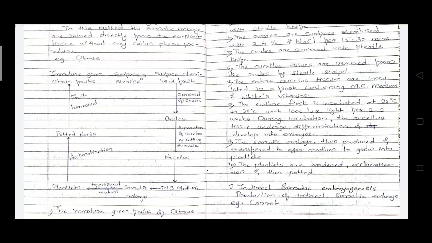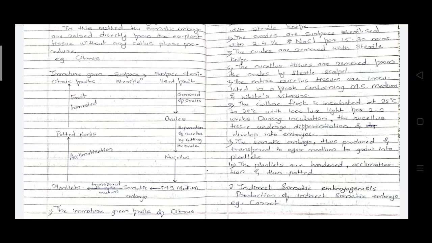In short, you have to remember that in immature fruits, the ovules are separated from the nucellus. Then this is transferred onto MS medium, and from the nucellus on the MS medium the somatic embryoids are formed.